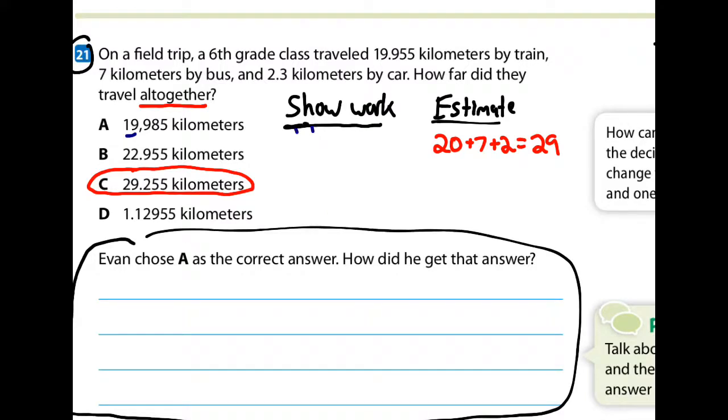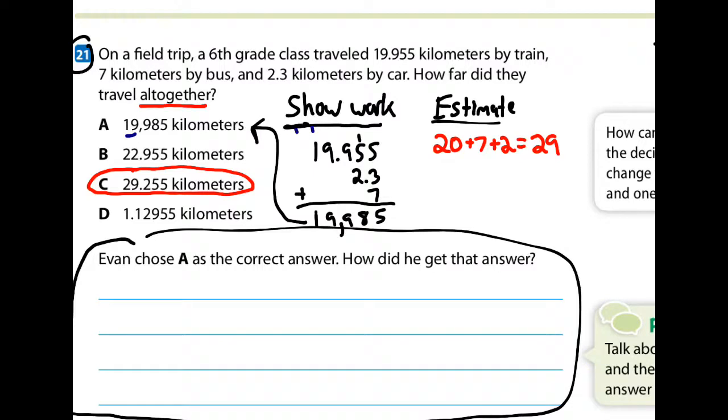So 19.955, 2.3, and 7. Let's see what you would get. So you'd get 15, 8, 9, 9, 1. Maybe put your decimal here, or maybe make it a whole number. And what do you know? You would get A. Which, what do you think? I think Evan didn't line up any decimals.